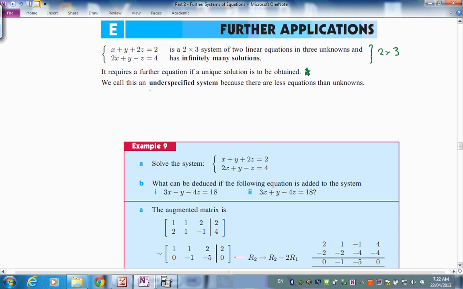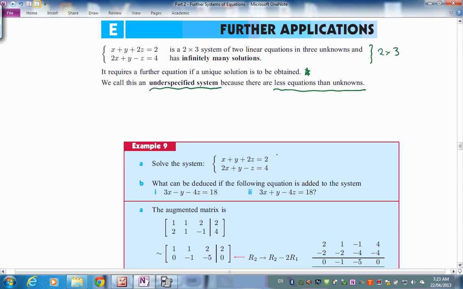So we call this an underspecified system. There are less equations than unknowns, so you might have a little rule coming up. Now, if you have n unknowns, you'll need n equations to solve uniquely for it. Otherwise, you'll have information about the solution, but you won't be able to find a unique solution.